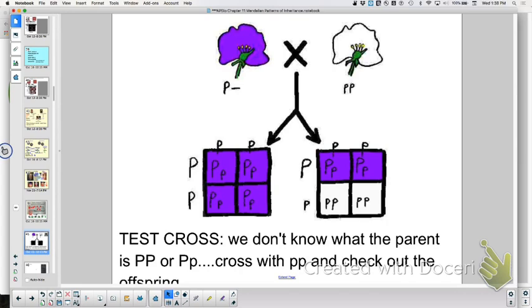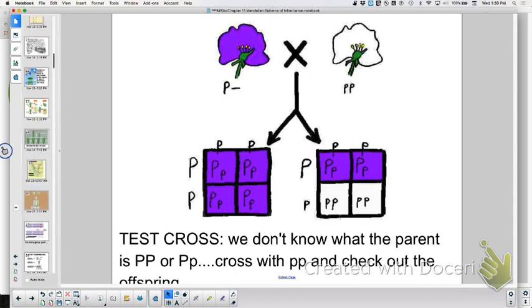Skip down where it says Mendel's law of probability, right above 11.3. Go down to number 4 where it says test cross. The purpose of a test cross is to determine or confirm the genotype of a dominant phenotype.